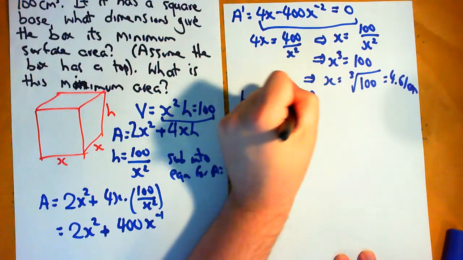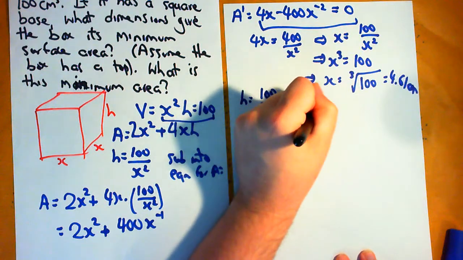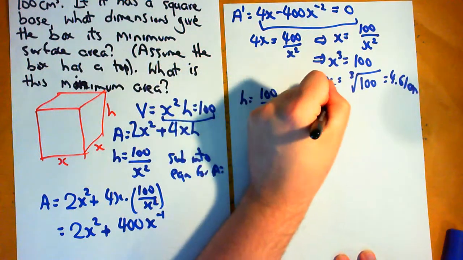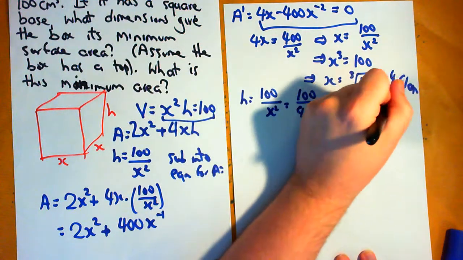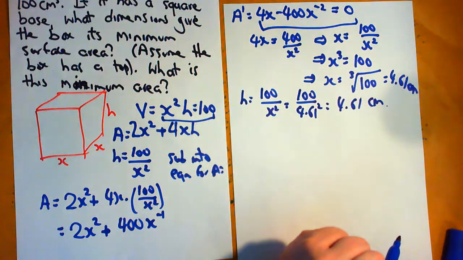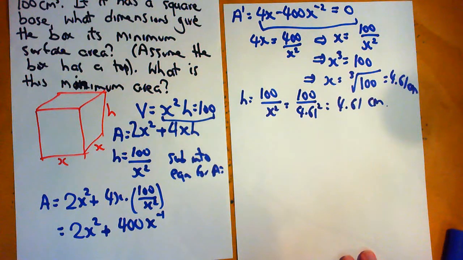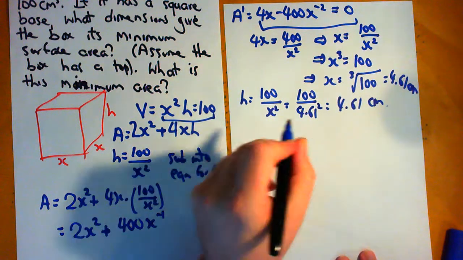So we get 100 divided by 4.61 squared, which is also 4.61. So it turns out the dimensions that give the box the minimum surface area is when it is exactly a cube. Okay, now we need to find what that area is.